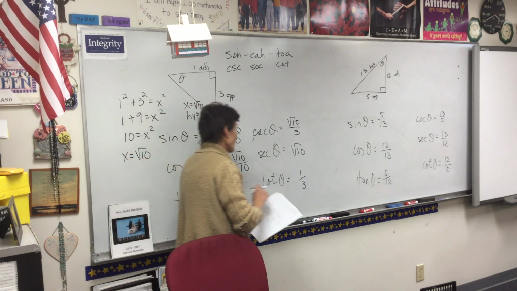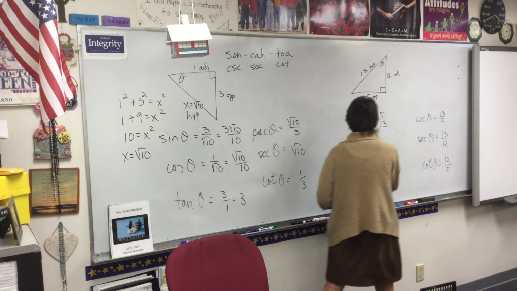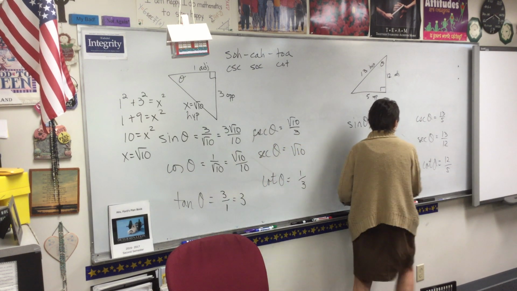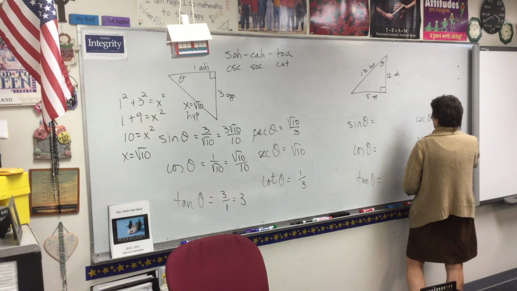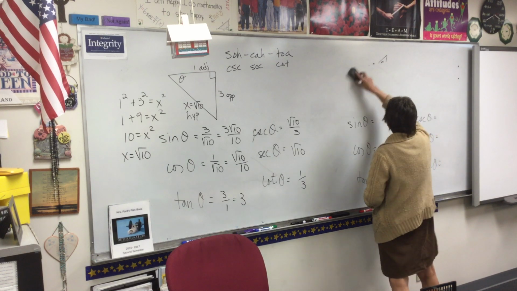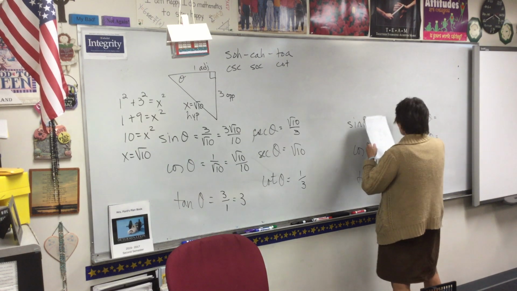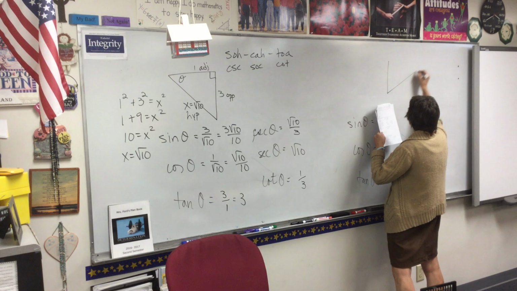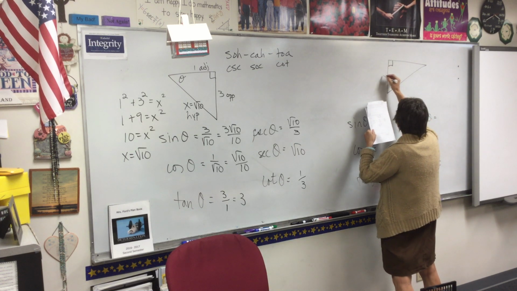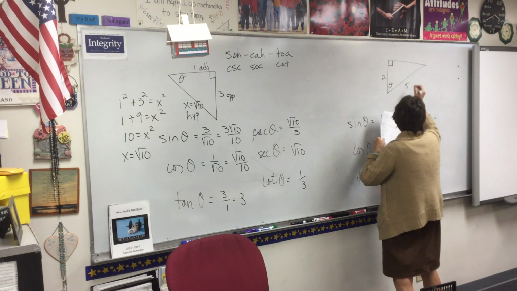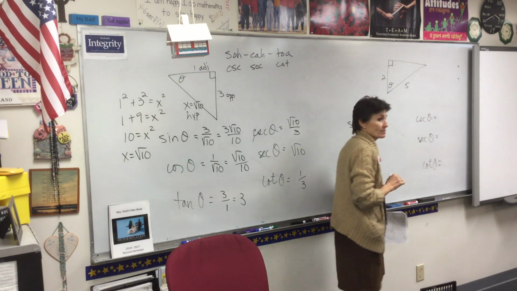Now the next one is kind of the same, but I want you to be really, really careful with your Pythagorean theorem. Anytime you have one side missing, you're going to have to do the Pythagorean theorem, but it's a little bit different this time because the side that's missing is not the hypotenuse.